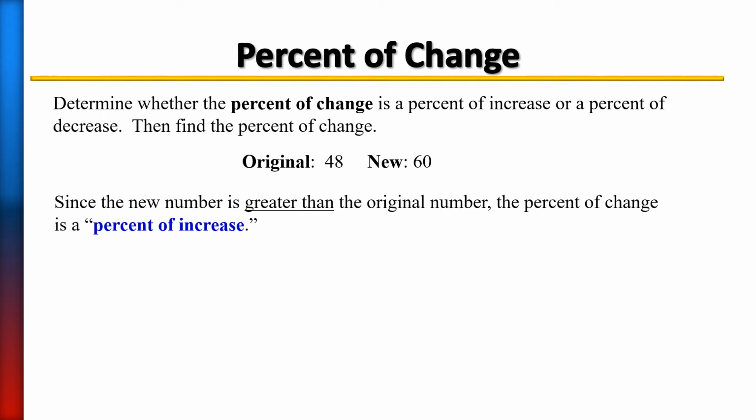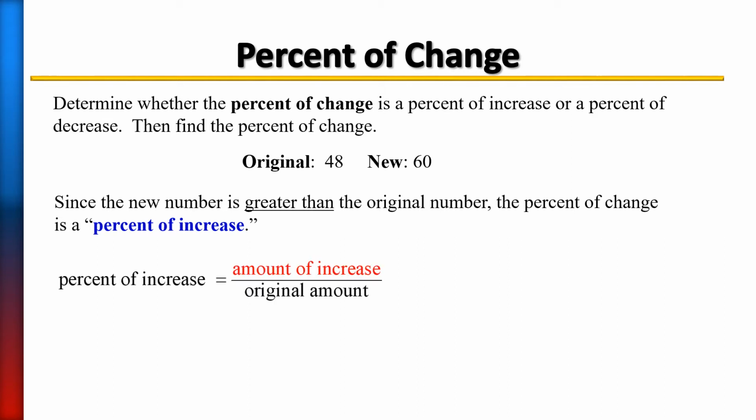So now to find that percent of increase, recall that in the fraction, the numerator is going to be the difference between the two numbers. In other words, you subtract the two numbers and find out by how much they increased. And then on the bottom is your original number.